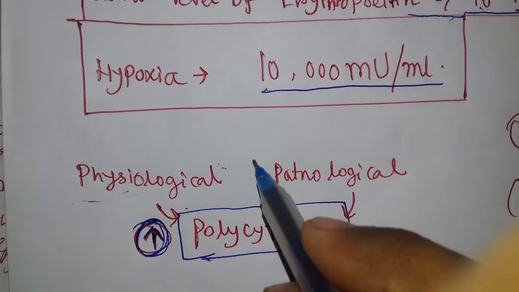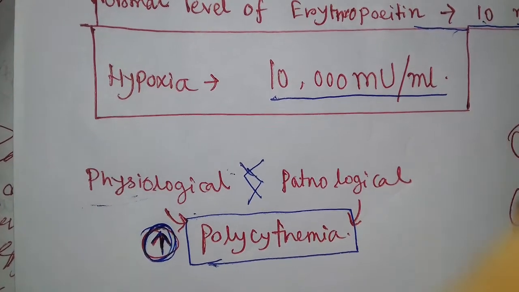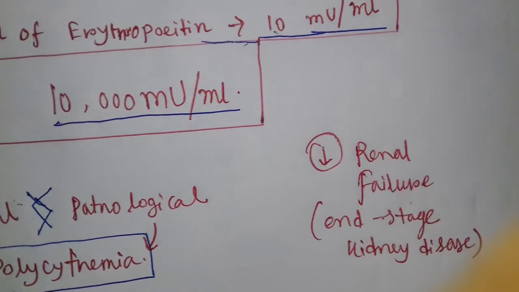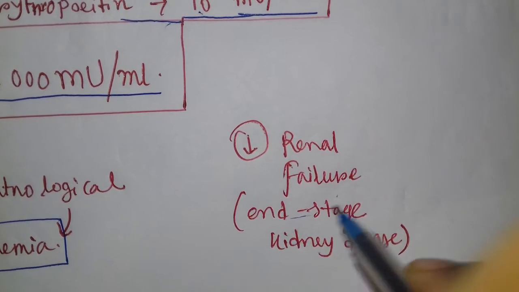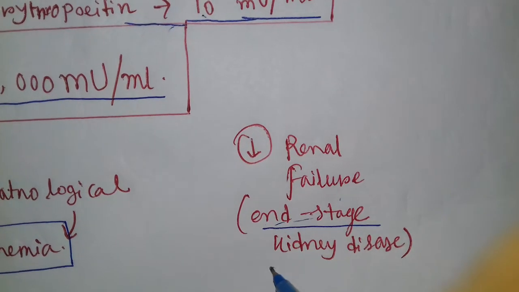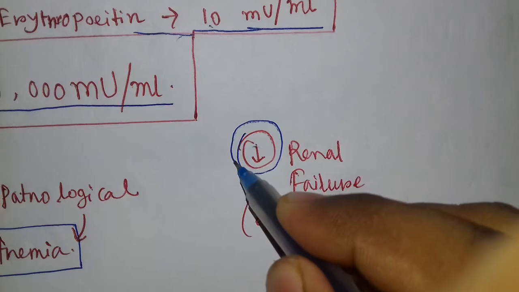So we can differentiate between these two by doing this test. And in case of renal failure and end stage kidney diseases, the erythropoietin level in the blood is decreased.